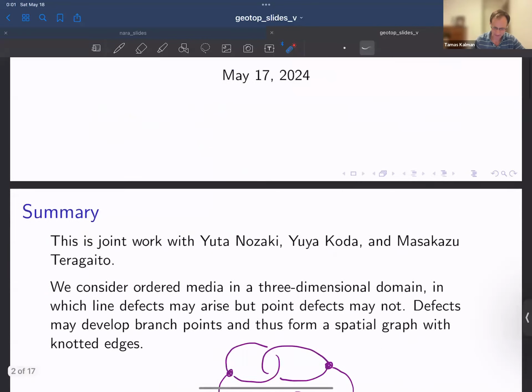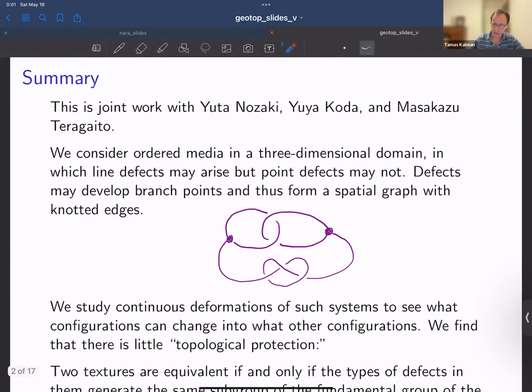So let me get started. Just to give a very quick overview of what is going to happen in this talk. First of all, I should not forget to mention that it's all based on a joint preprint that we put out with Yuta Nozaki, Yuya Koda, and Masakazu Teragaito, three colleagues of mine here in Japan, in which we look at ordered media in some sort of classical three-dimensional setup.